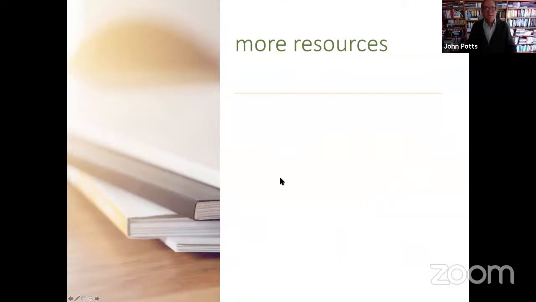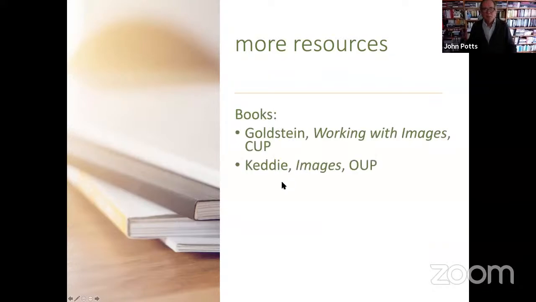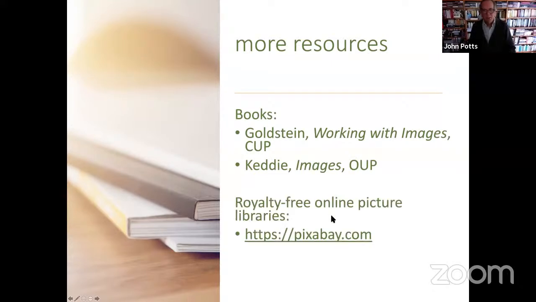Okay, all right. So there are a couple of books: Goldstein, Working with Images, and James Keddy, Images, from Cambridge and Oxford University presses, respectively. Here are the picture addresses again, Pixabay, remember, and Unsplash. Now, there will be a PDF of this presentation, so all of this information is in there.